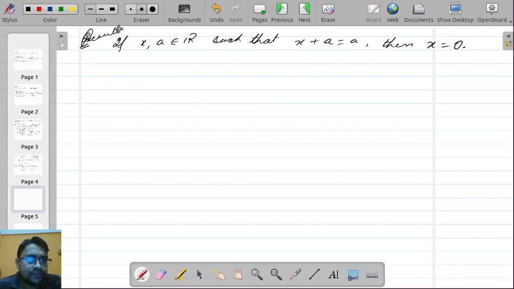Result: if x, a are elements of R, that is real numbers, which satisfy x plus a equal to a, then x has to be equal to 0. So this is one result which we will try to prove.